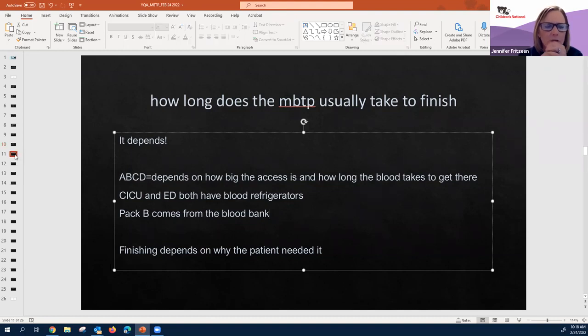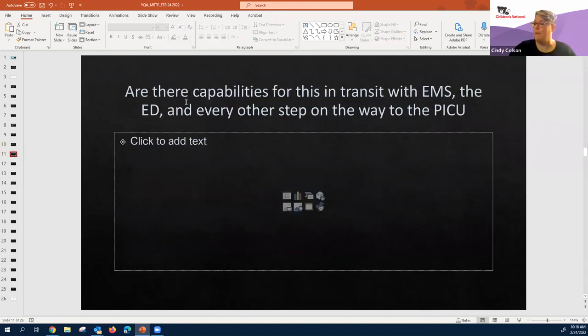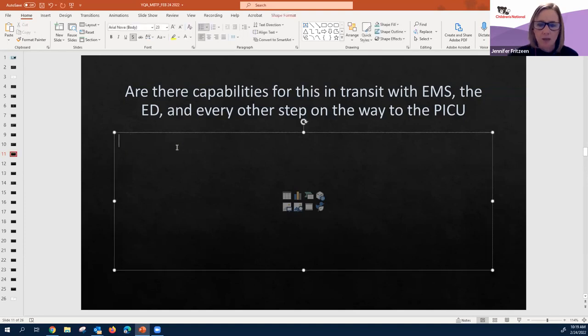Are there capabilities for this in transit with EMS, the ER, and every other step on the way to the PICU? Most EMS do not carry blood at this point. I know Maryland is looking at a protocol to start carrying whole blood, but I do not believe that is live at this point.